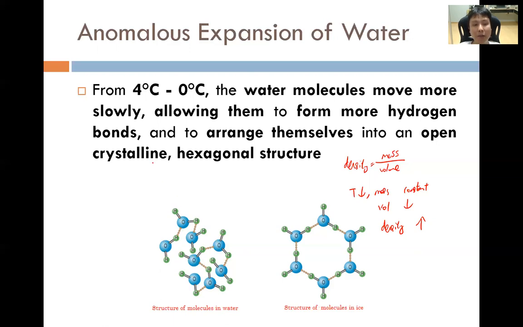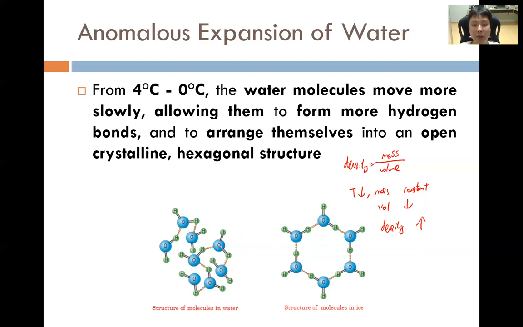However, from 4 degrees Celsius to 0 degrees Celsius, water needs to start turning into ice. And we all learned from kinetic particle theory that in the solid state, the particles must arrange themselves in fixed positions in a lattice structure.